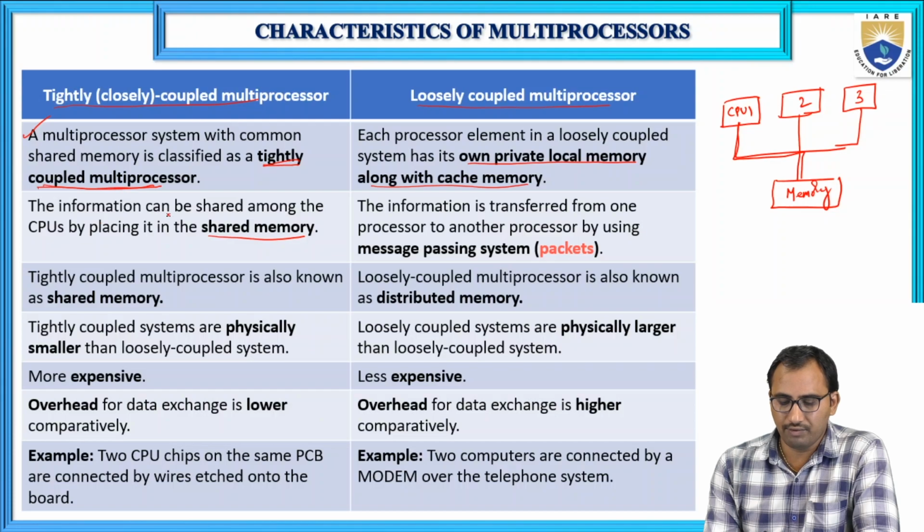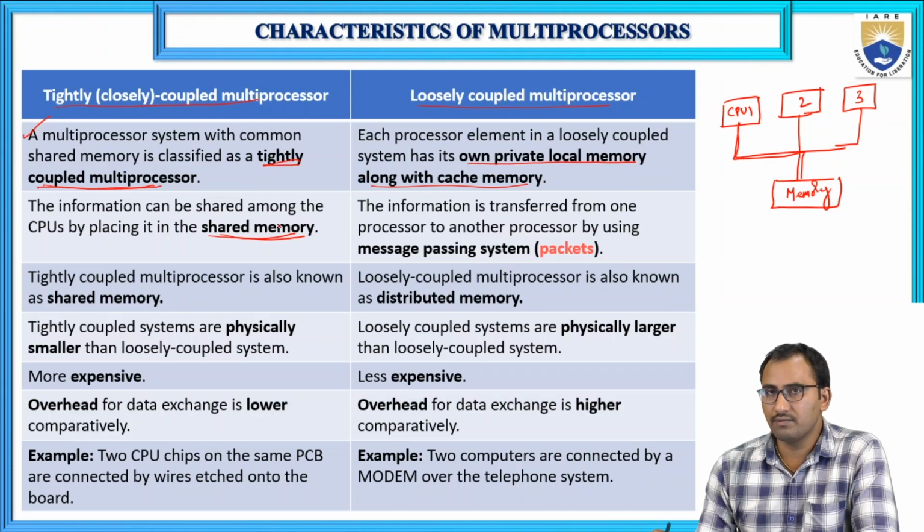So the information can be shared among the CPUs by placing it in shared memory. Suppose CPU 1 wants to communicate with CPU 2: CPU 1's information will be placed in the memory, and after some time CPU 2 can receive the data. In this way CPU 1 communicates with CPU 2.